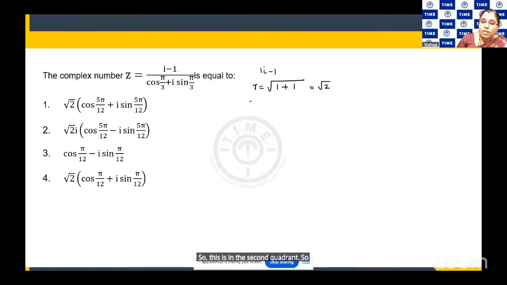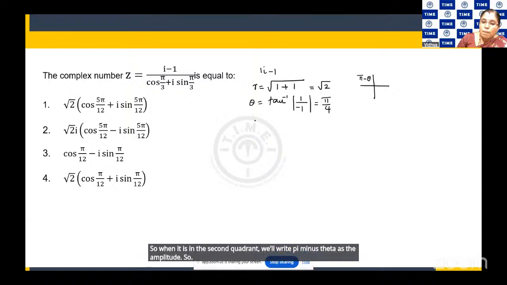So let's first find theta as tan inverse of modulus of 1 by negative 1. So tan inverse 1 is pi by 4. But look at this, our complex number is in the second quadrant. So when it is in the second quadrant, we'll write pi minus theta as the amplitude.